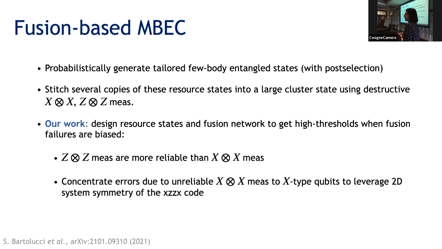And the whole idea is that I want to make sure I design my resource states and fusion network such that when the XX information is wrong, then that induces errors only on the X-type qubits. That introduces Z-type errors on X-type qubits in my cluster state, because I know if I have Z errors on my X qubits, I will get a 2D graph, everything reduces to a repetition code, and I'll get high threshold. So that's the fundamental idea behind our construction. Concentrate your dominant errors to Z-type errors on X-type qubits. That's it.